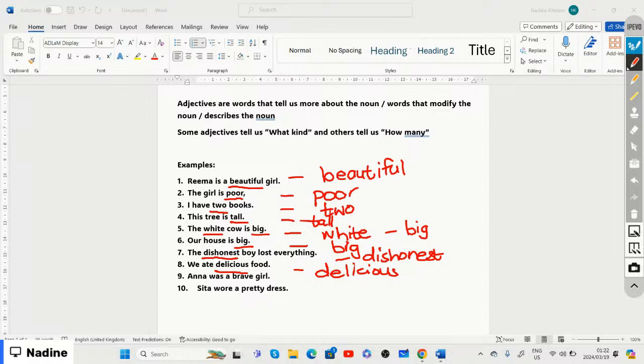Then Anna was a brave girl. So what kind of girl was Anna? It says Anna was a brave girl.